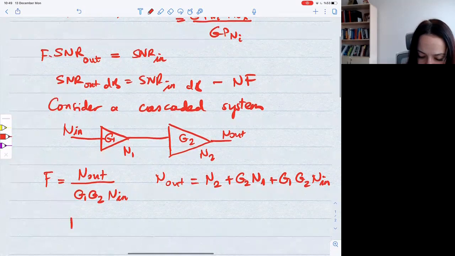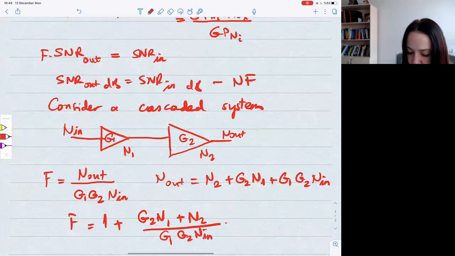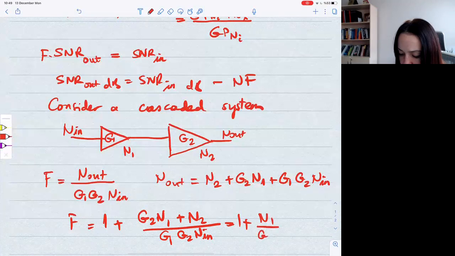So F is 1 plus G2 N1 plus N2 over G1 G2 and N, which is 1 plus N1 over G1 and N plus N2 over G1 G2 and N.